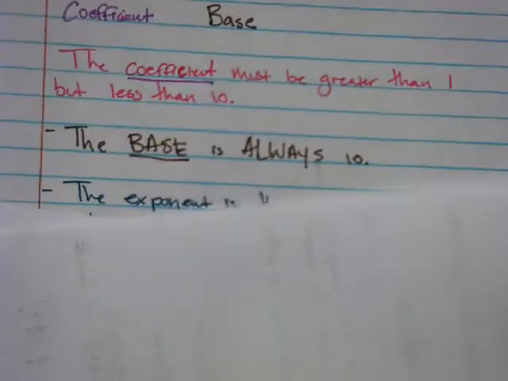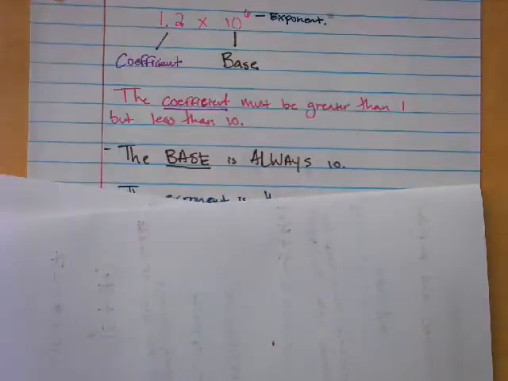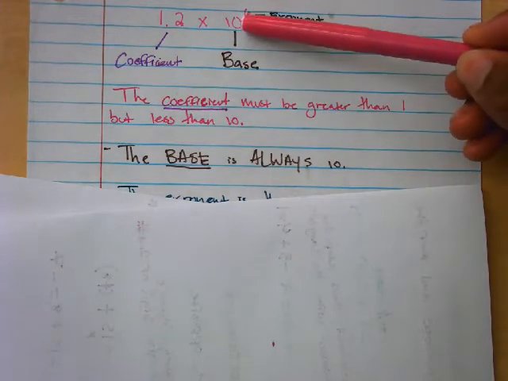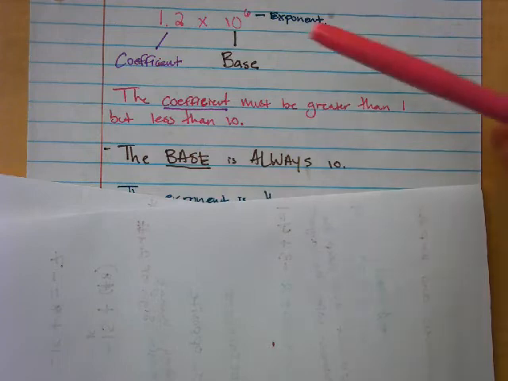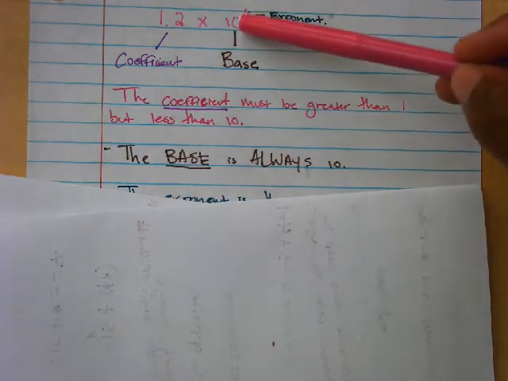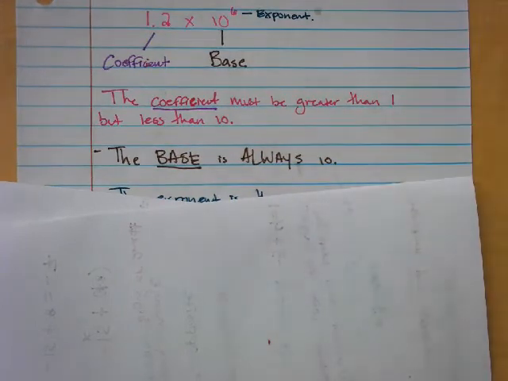The base, as I stated before, is always 10. So if it's scientific notation, it'll be some number times 10 to some kind of power. But the base is always 10. It never changes.